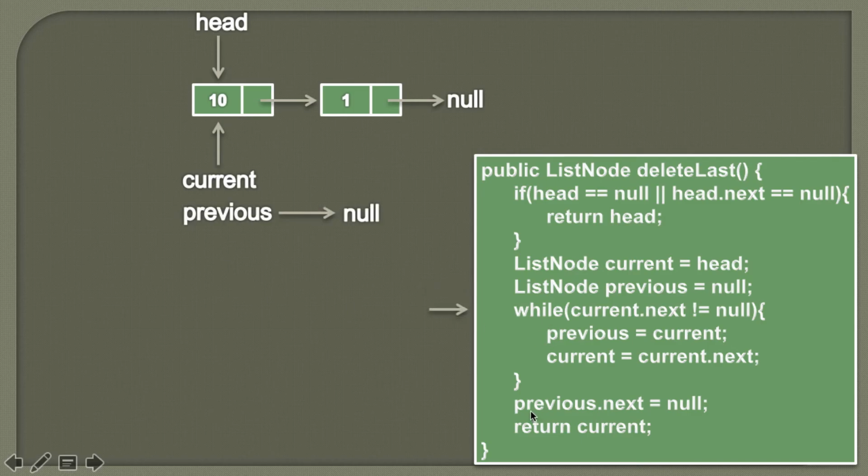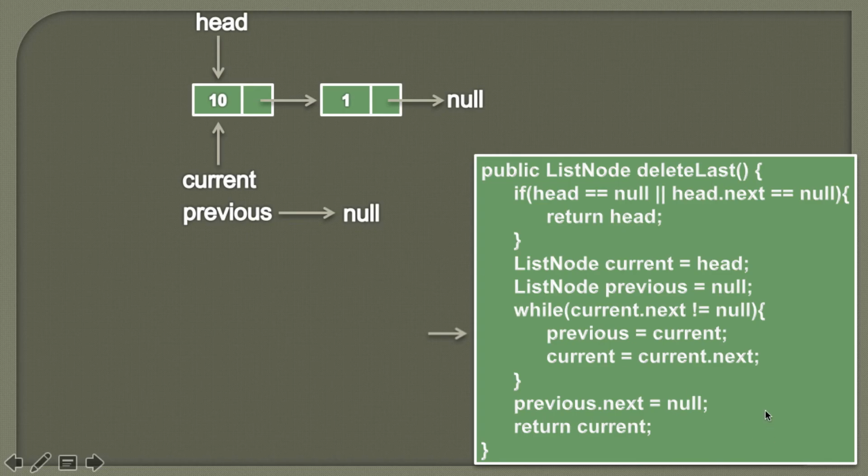And then we provide a while loop because we want to traverse current to the last node and previous to the second last node. So first we check whether current.next is equal to null or not. So current.next is this second node. It's not equal to null. So the condition in the while loop comes out to be true and the while loop starts execution. Before moving current to its next, we assign current's value to previous so that it is just behind the current.